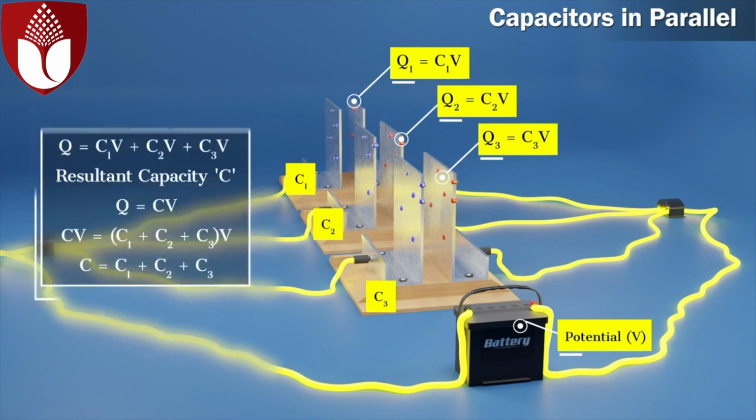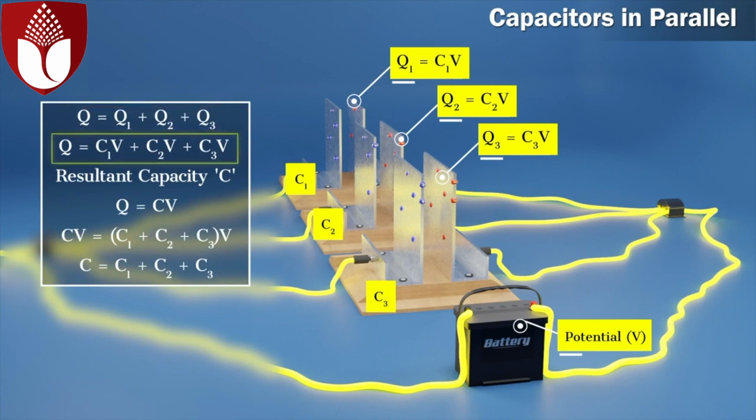So the total charge Q is equal to Q1 plus Q2 plus Q3. Q is equal to C1V plus C2V plus C3V. If the resultant capacity is C, Q is equal to CV, hence CV is equal to C1 plus C2 plus C3 into V. Hence, in parallel connection, C is equal to C1 plus C2 plus C3.